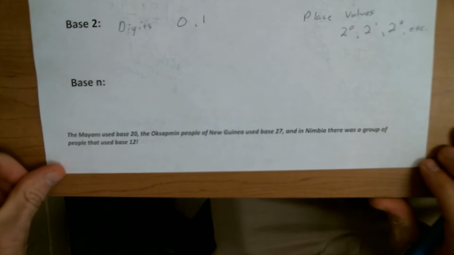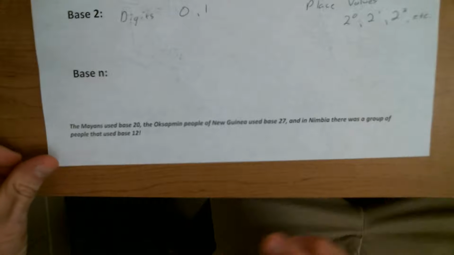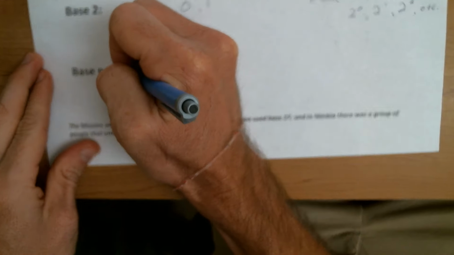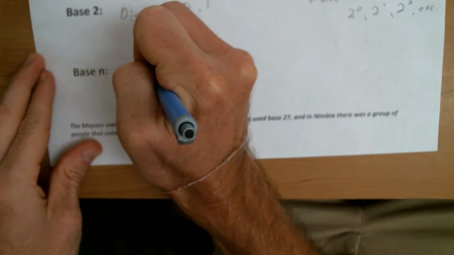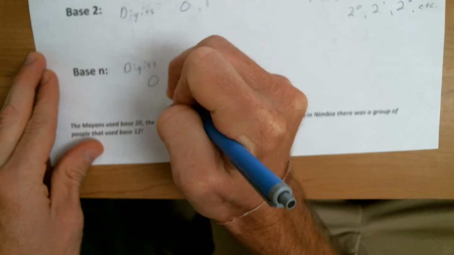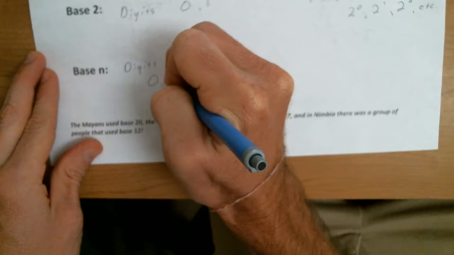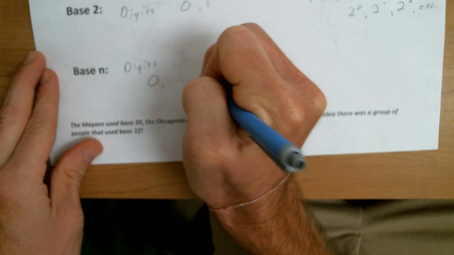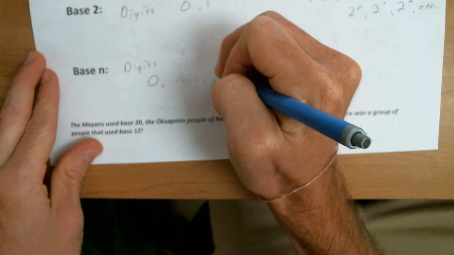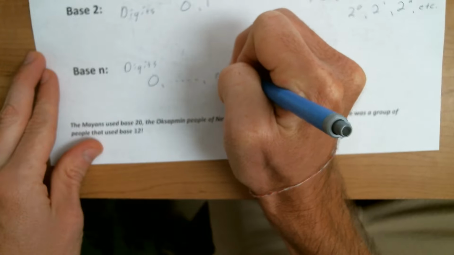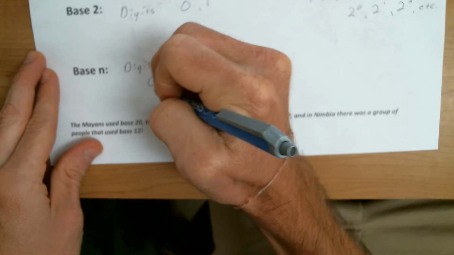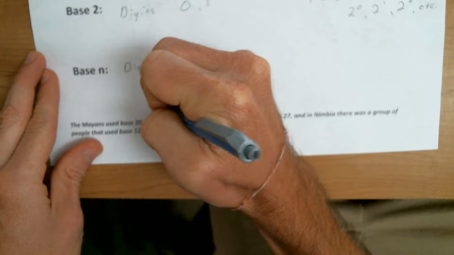So this is not exclusive to just base 10 and base 2, right? We can think of this as base n. This will work for anything. So in base n, the digits still start at 0. We always start at 0, and then from there it goes to n minus 1.